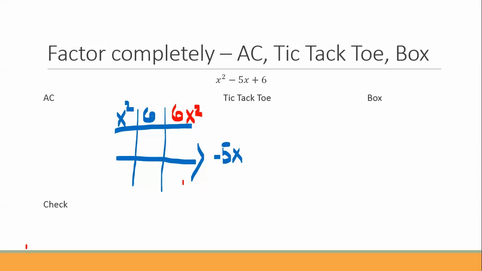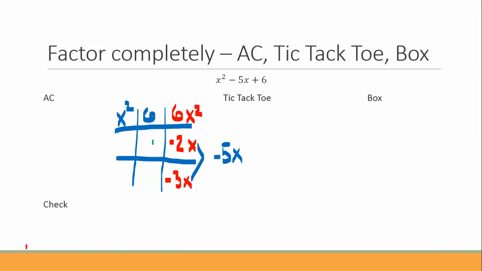And then we want to multiply to 6x squared and add to minus 5x. That becomes minus 2x and minus 3x. Minus 2x times minus 3x is positive 6x squared. Minus 2x plus minus 3x is negative 5x.